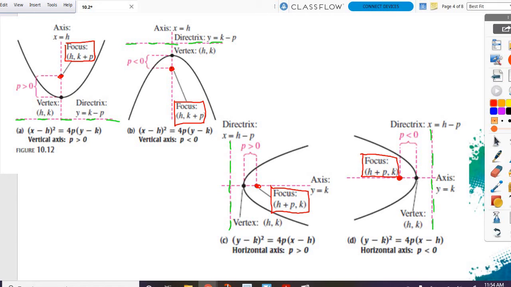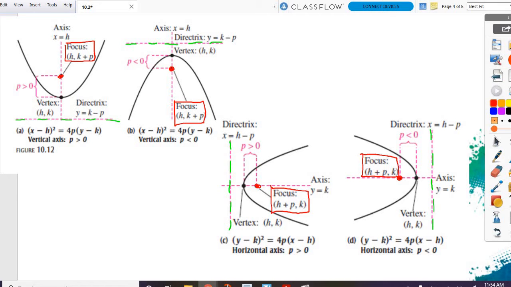We're going to look at an example like this in just a second. If you're just given, say, your vertex and your focus, remember that you always have to open towards your focus. So then I know I have to open towards that point. If you're given your vertex and your directrix, you know your parabola has to open away from your directrix.